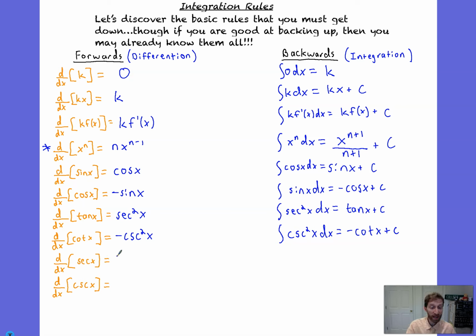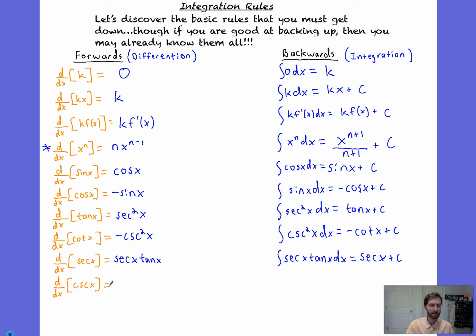The derivative of secant x is secant x tangent x. Nice. So if you're given the integral of secant x tangent x dx, what's that going to equal out to? Well, the derivative of what gives me that? Secant x plus c. And again, you can take the derivatives of any of these and you'll get back your integrand.